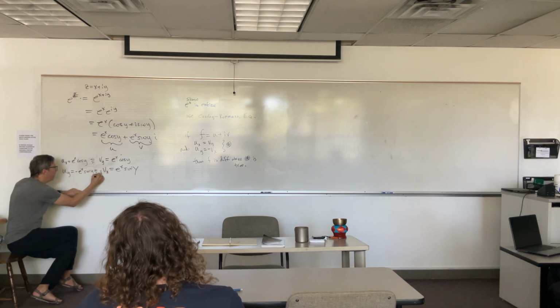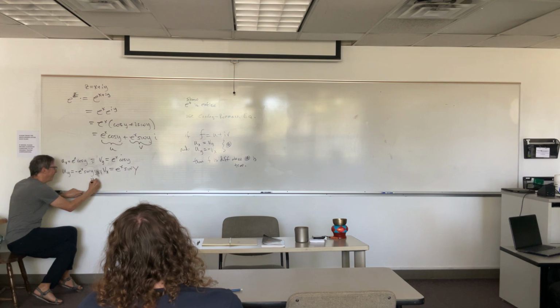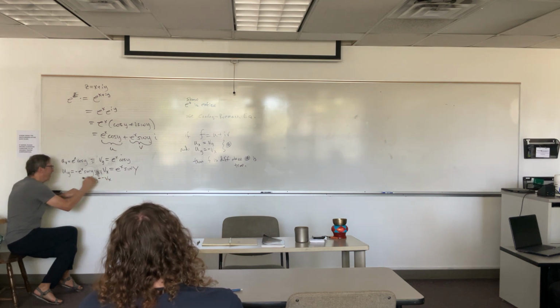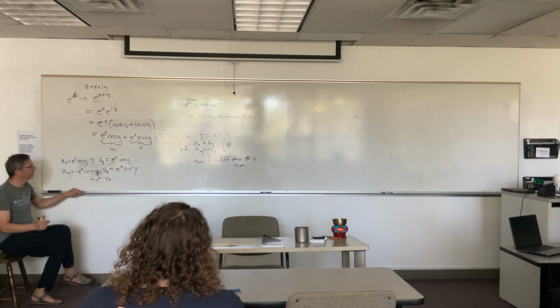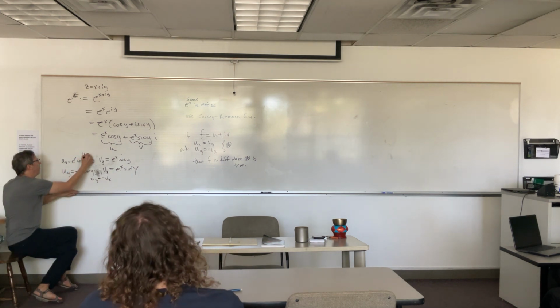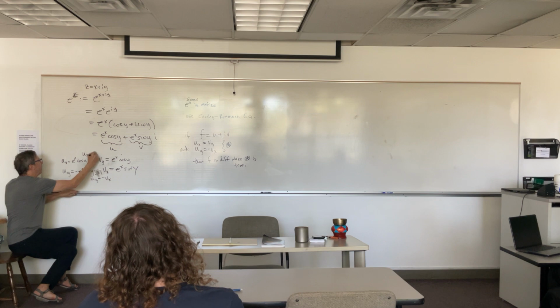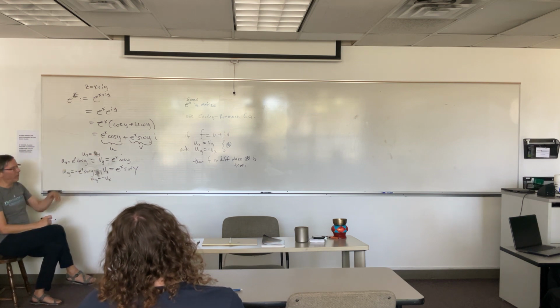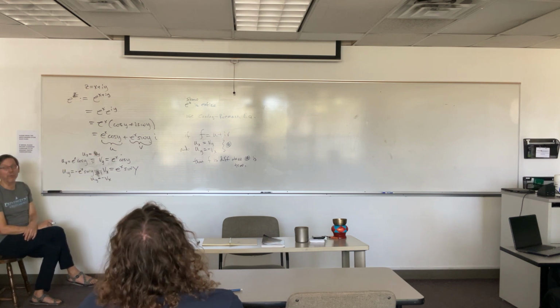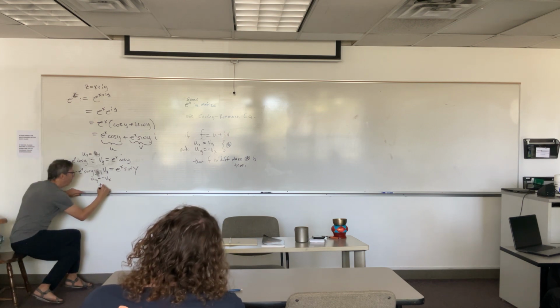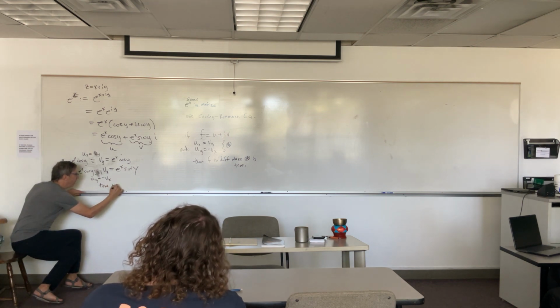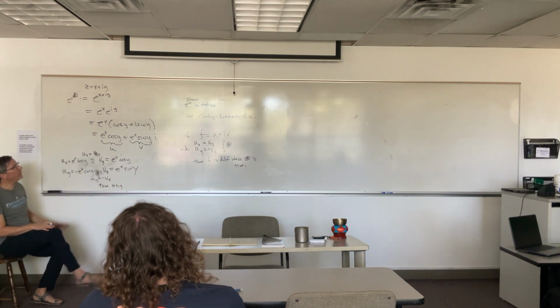This one has a negative on it, this one doesn't, otherwise they're the same. So we've got Cauchy-Riemann completely satisfied no matter what u and v are, or x and y are. So it is entire. This is true for all x and y.